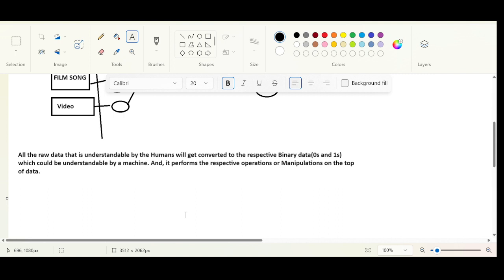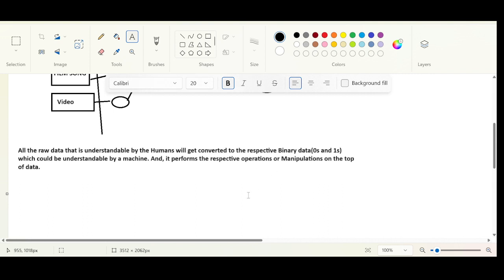So it is very, very important to understand the binary number system. We might have come across this binary number system, but the real cause of understanding it is that the number system that can be understood by the machine is the binary number system.